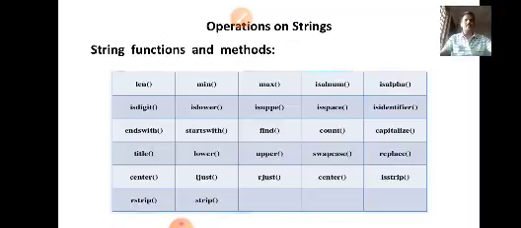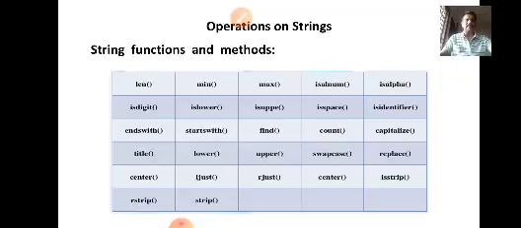Okay. So now here len is a function. Without writing lines of code, we can find the length of a string. We just input the string, then pass that string inside the len function.